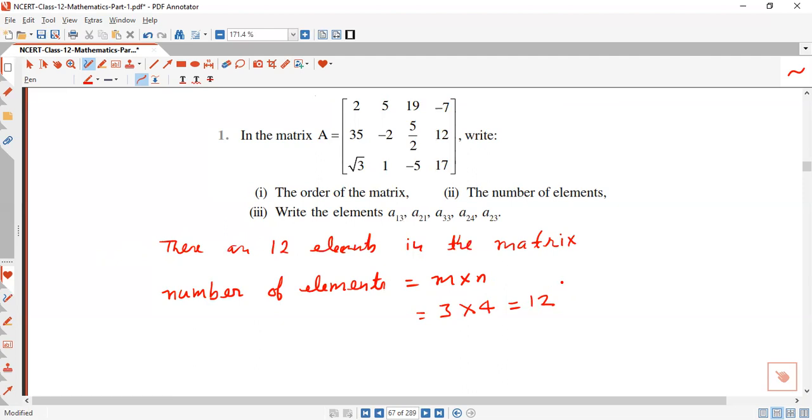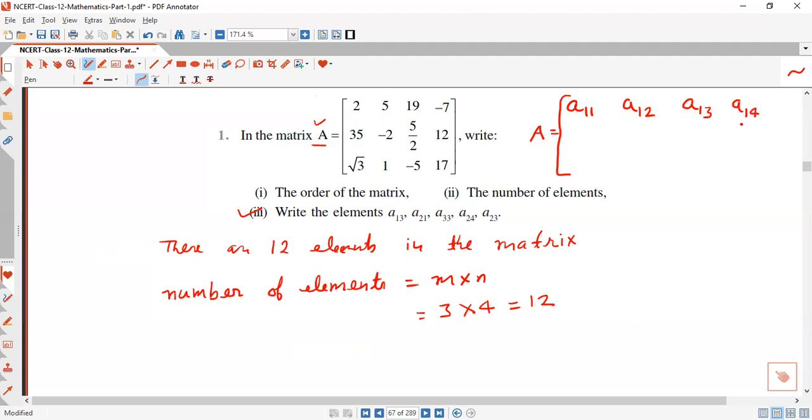Now we have to write the elements A13, A21, A33, A24, A23. A matrix is always denoted by a capital letter, like the capital A denotes the matrix. And the elements can be written this way. A11 means first row, first column element. A12, first row, second column element. A13, first row, third column element.